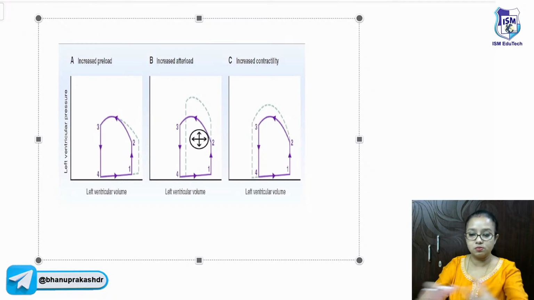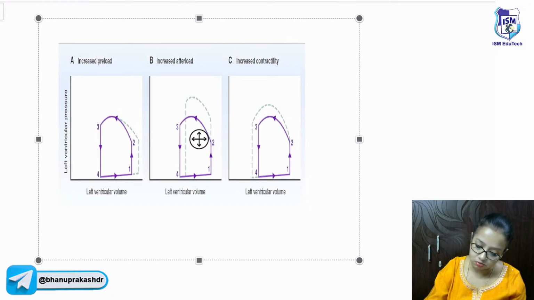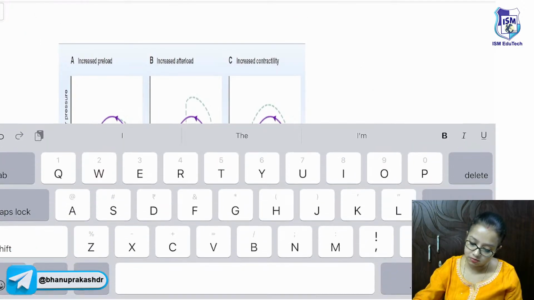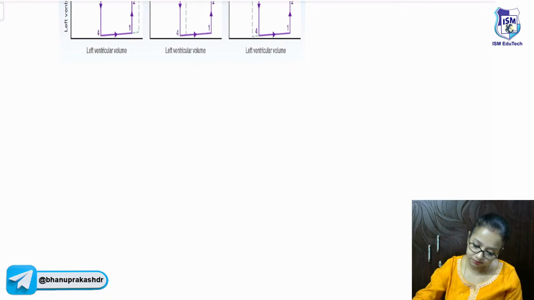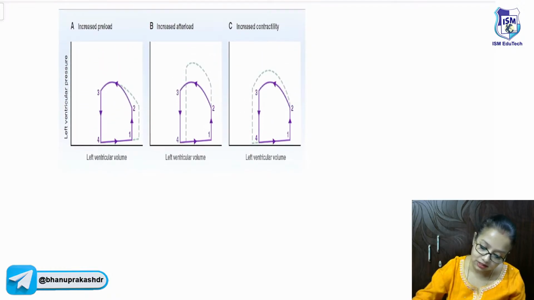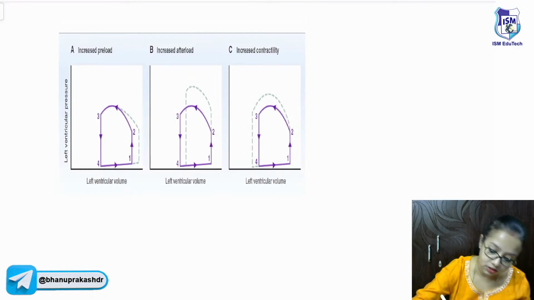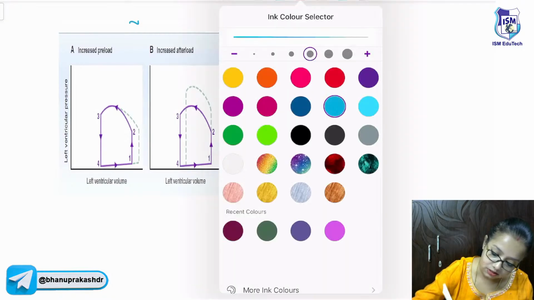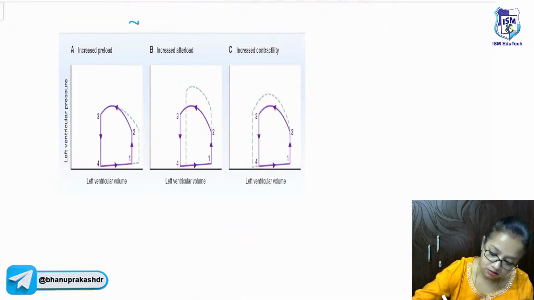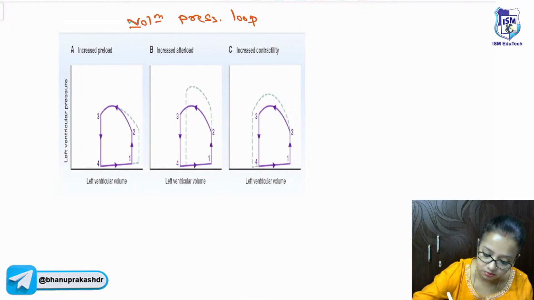So we have understood the loop also. Now in context to that, these are the three conditions that affect the volume pressure loop. What is this? This is our volume pressure loop.